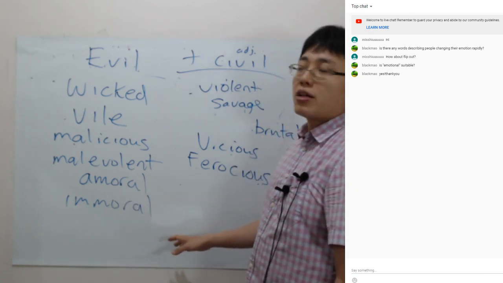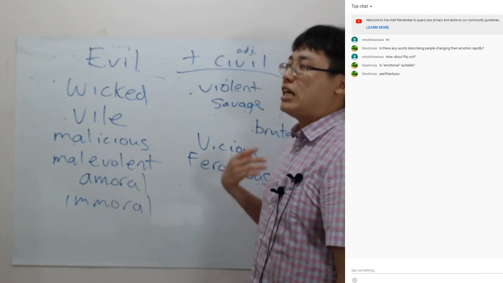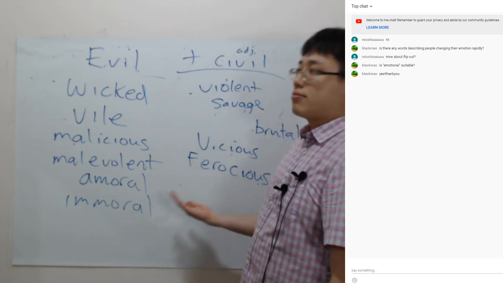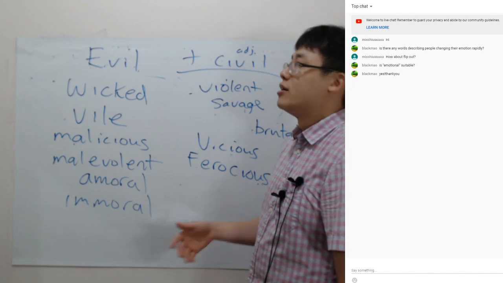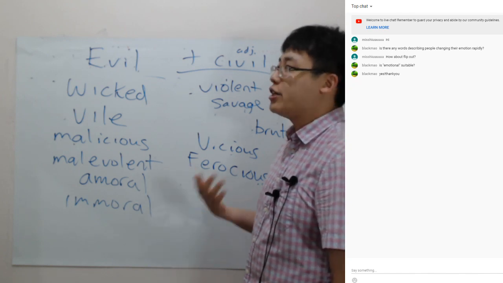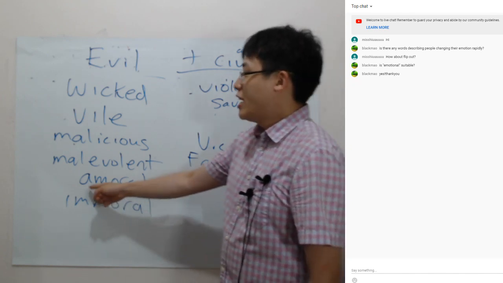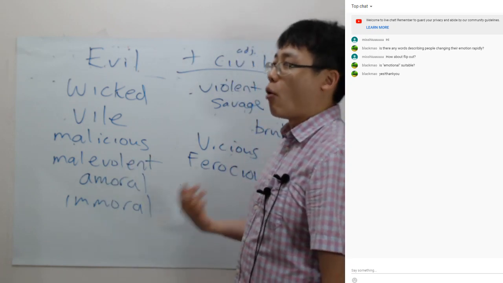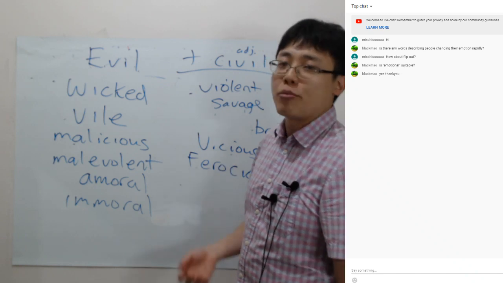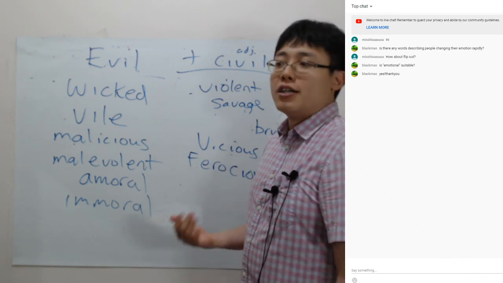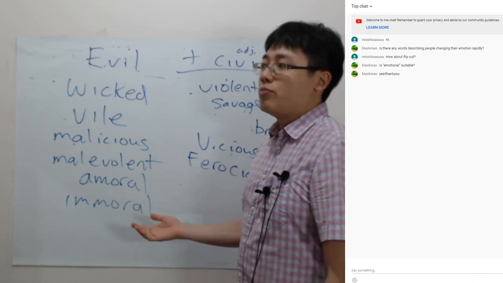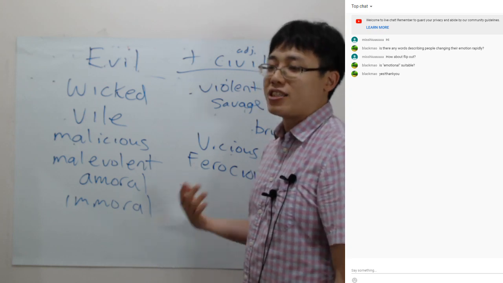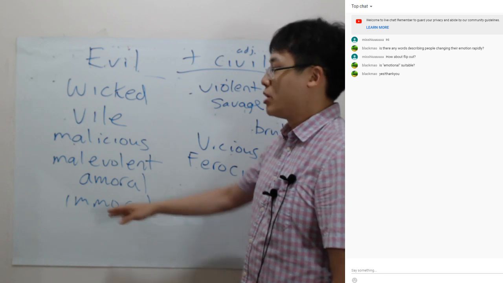Immoral means that you do things even when you know they're wrong. So if you know killing somebody for fun is wrong and you still do it, it's immoral. Amoral means that you don't care about morals and you don't even take the time to think about it. So if you're amoral as a person, it is bad because you should spend the time to think about it.